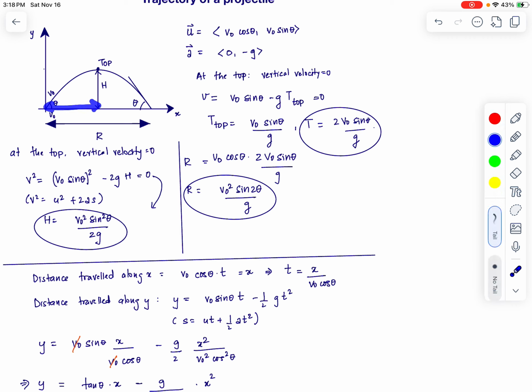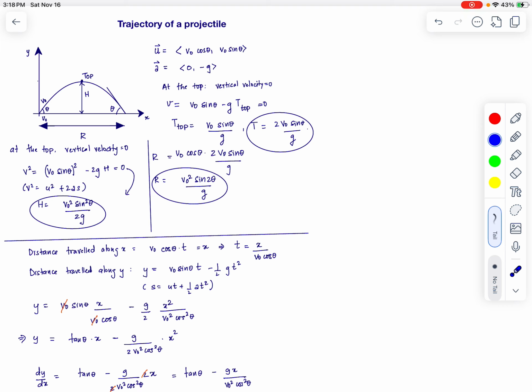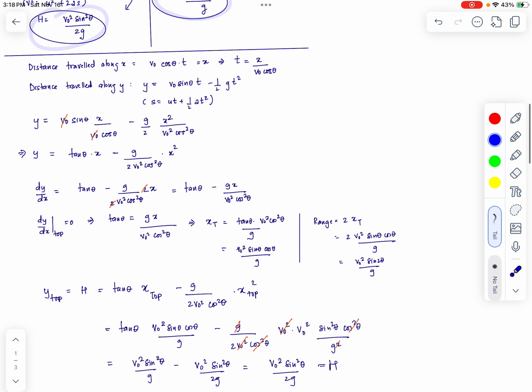So to recap, what we have found is the total time of flight is this. Here is the range, and here is the height. We have even computed the trajectory of the projectile, and we have shown that to be a parabola.